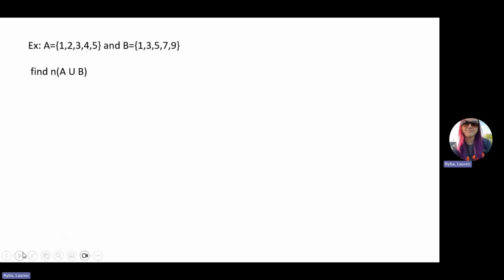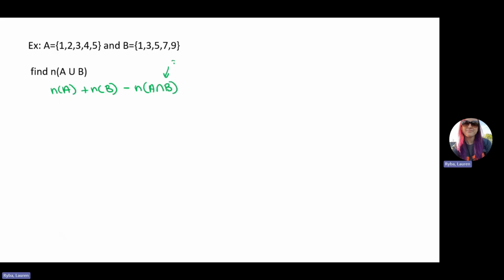So if we have A is the numbers 1, 2, 3, 4, 5, and B is the numbers 1, 3, 5, 7, 9. Find the number of elements that are in A or B, A union B. So if I just did the formula, it says the number of elements in A plus the number of elements in B minus the number of elements in their intersection.